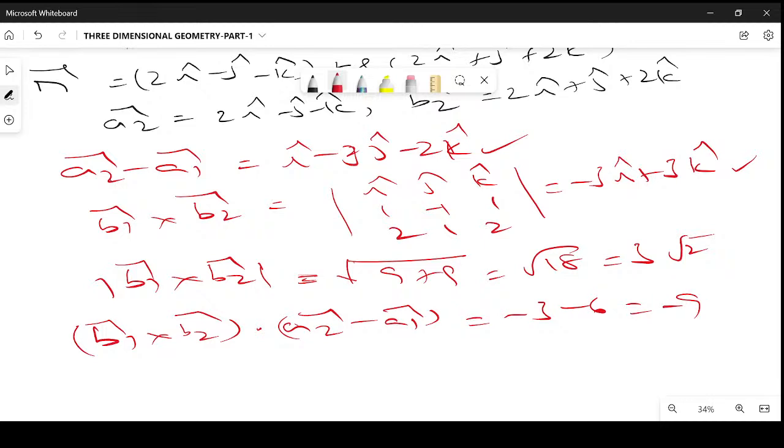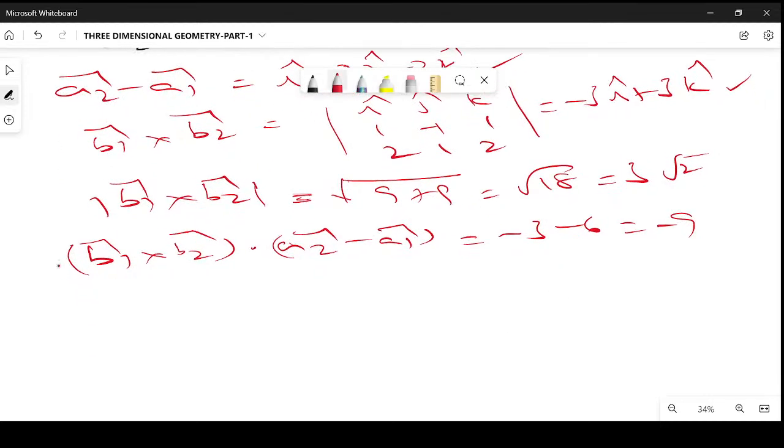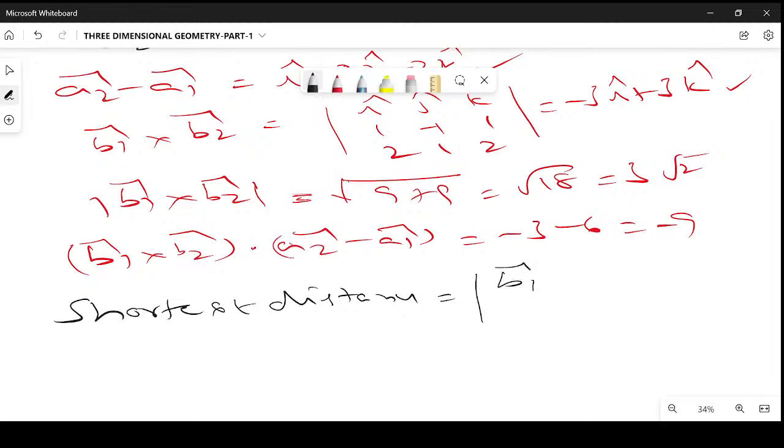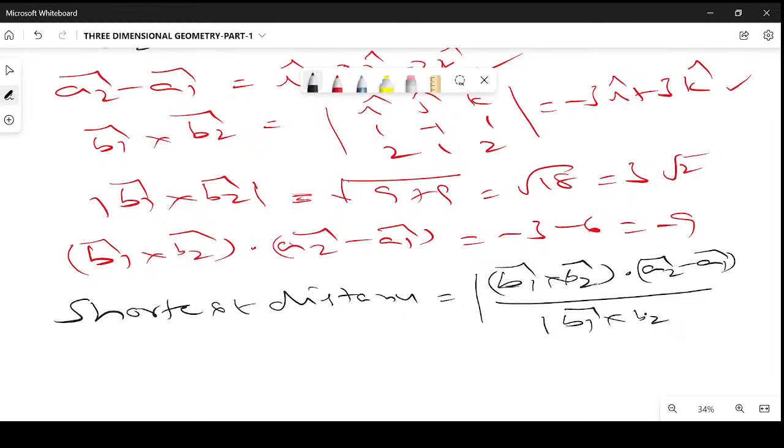Now, therefore, we know all the values. The shortest distance is equal to B1 bar cross B2 bar dot A2 bar minus A1 bar, divided by modulus of B1 bar cross B2 bar.